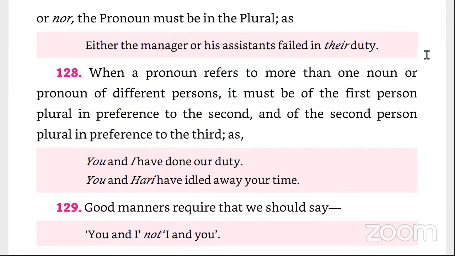You may find it difficult to remember the rule, but remember it is 1, 2, 3. 1 means first person first, 2 means then second person, 3 means then third person. When you arrange the sentence, first write the first person, then the second person, and then the third person. This is in singular.